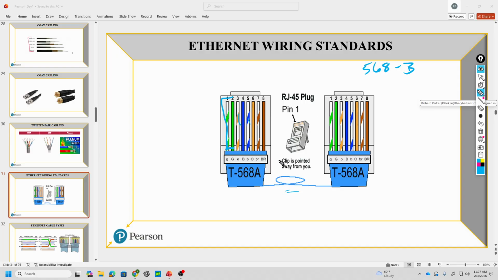Okay, so with a 568A, it starts with green white. 568B starts with orange white. That is the only difference, is where the orange and green wires go. The blue and the brown wires remain the same in both configurations.